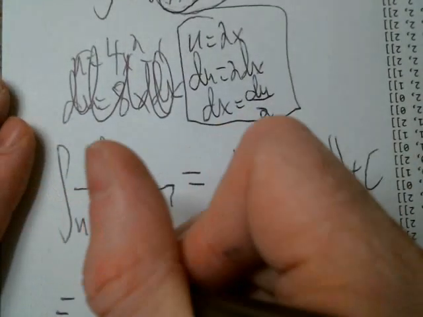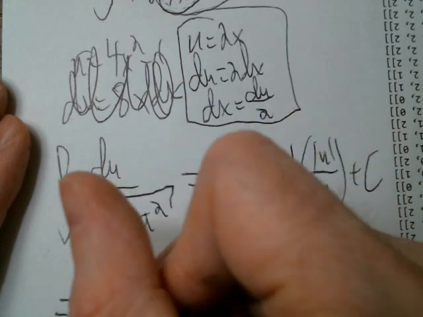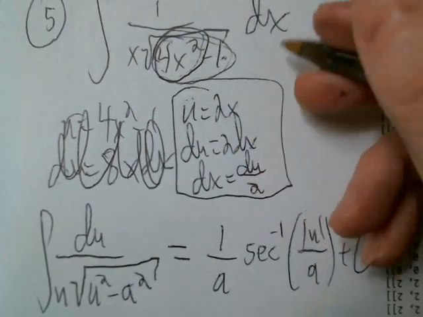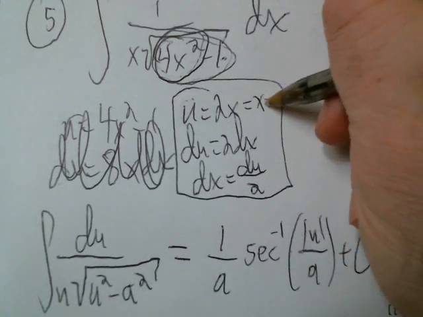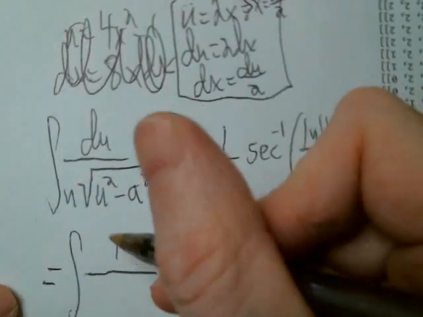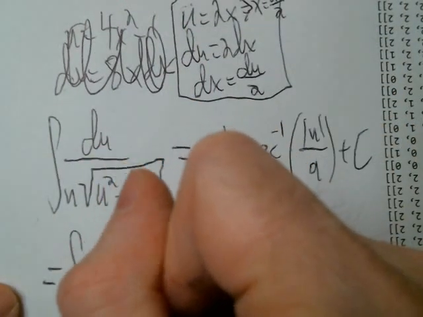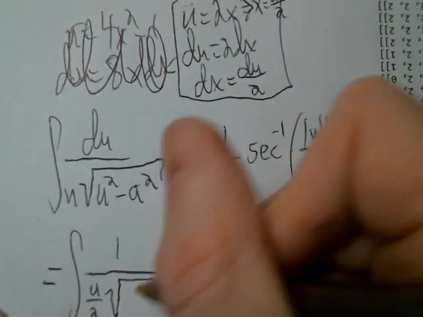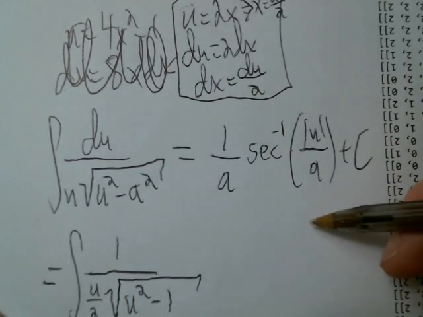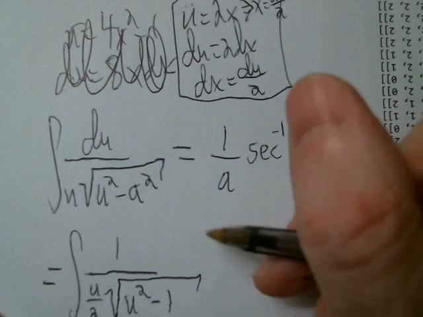So my integral will become the integral of 1 all over x, and if I use this equation to rewrite x, it'll be x equals u over 2. Right, so I'd have 1 all over (u over 2) times the square root of u squared minus 1, times dx, which is now du over 2.